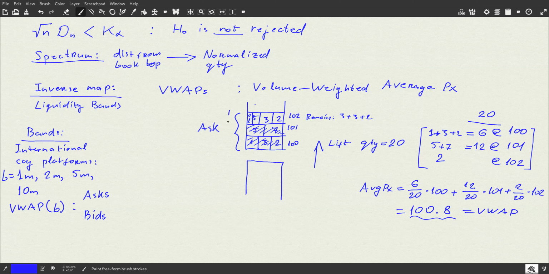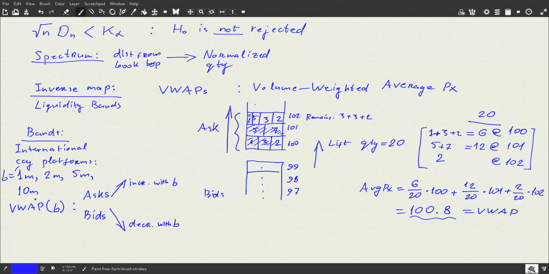You see, they are obviously increasing as you are going into the depth of asks. So for asks, it is increasing with B. But now consider VWAPs for bids. It would be decreasing, of course, because you would get prices 99, 98, 97, and so on. And more quantity corresponds to lower prices. So VWAPs for bids are decreasing with B.